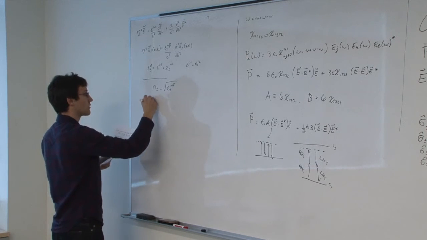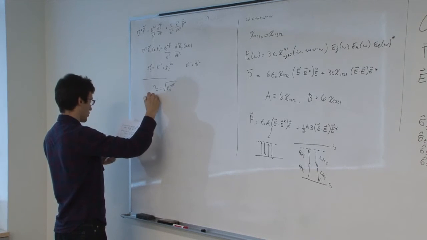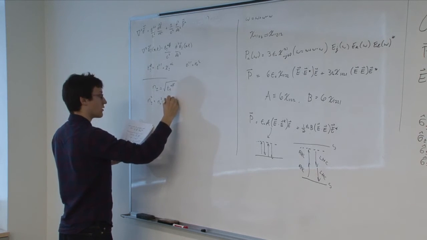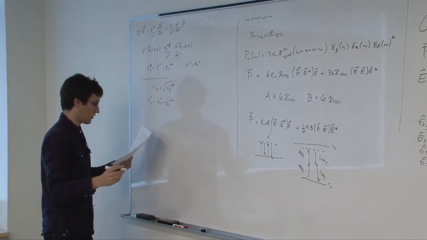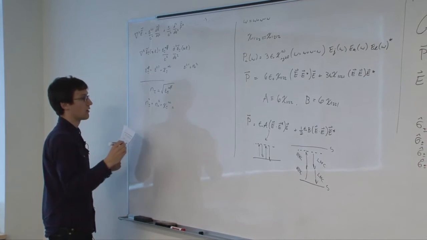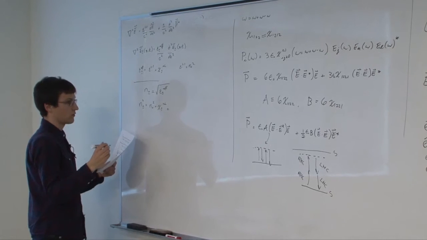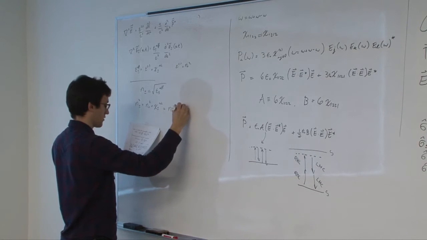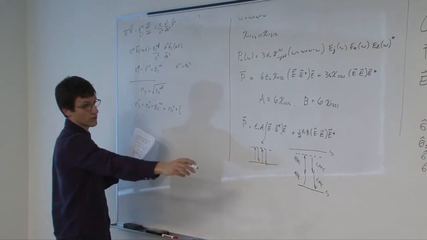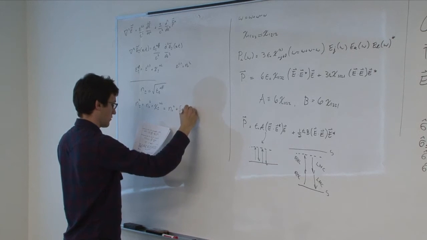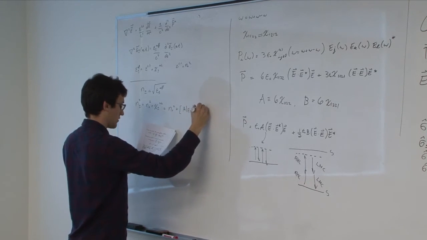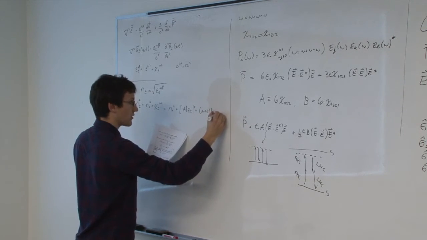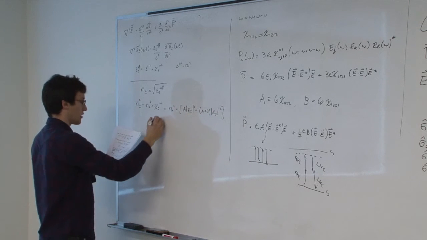Since n plus or minus squared is given by n naught squared plus chi plus or minus NL, and this is just from the definition of what a refractive index is, we have n naught squared plus, now I introduce the definition that I used there, A E plus or minus squared plus A plus B E minus or plus squared.